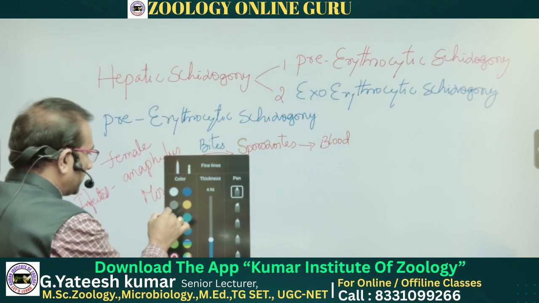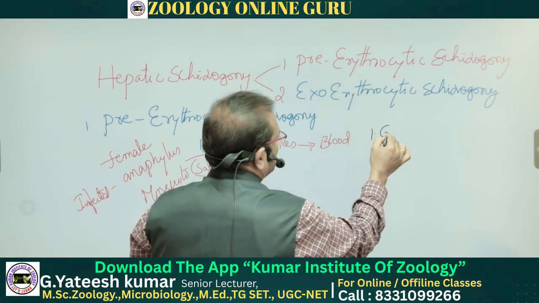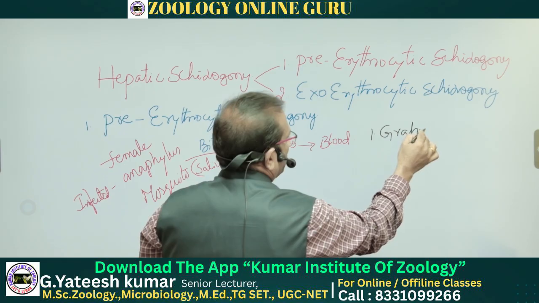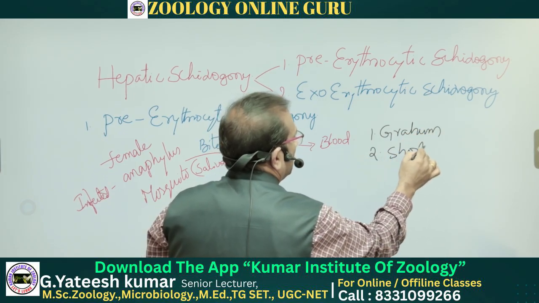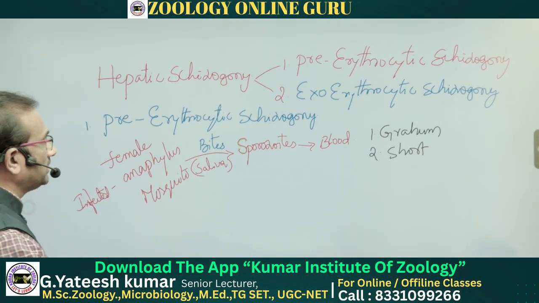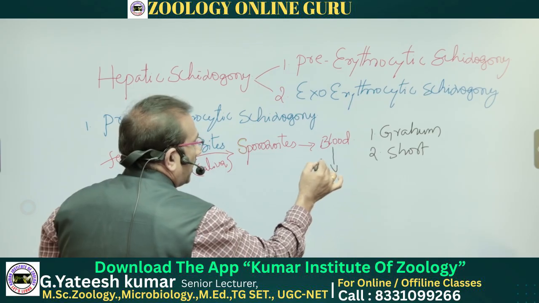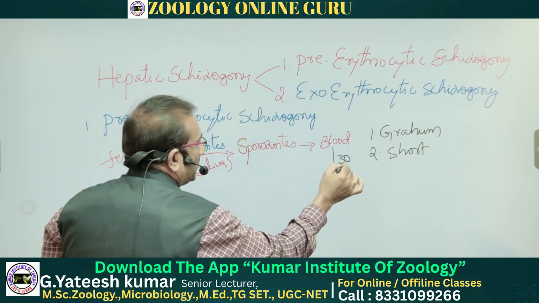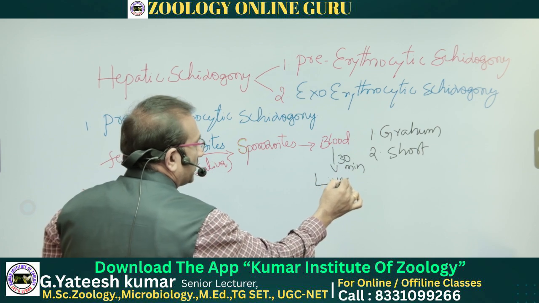Two scientists are important here. One scientist is Granum, second is Short. Short and Granum confirmed that these sporozoites, within 30 minutes, reach the liver.